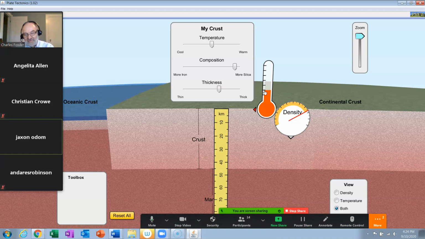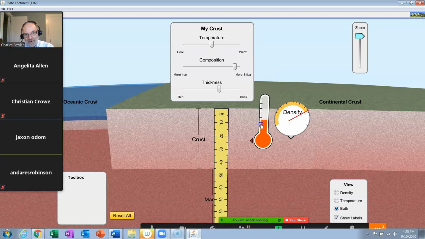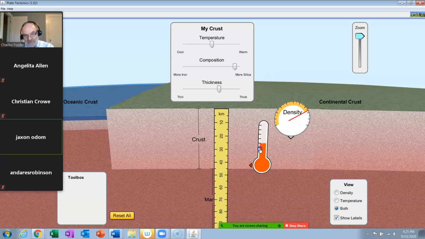You could just give the number 20. Move down to the lower part of the crust, continental crust, and now you're up to 30. 10, 20, 30. You can put degrees Celsius if you want to, or just leave it 30, because I don't know if it's actually in degrees Celsius or not.